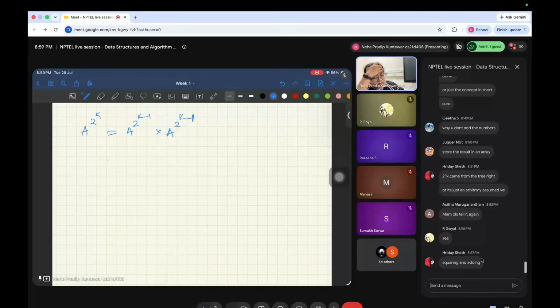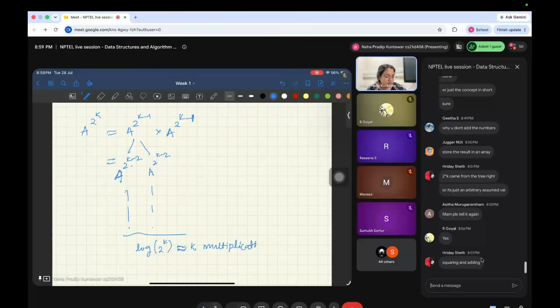And then this is going to be A to the 2 to the k minus 2, A to the 2 to the k minus 2, and so on. You keep on doing this, right? So how many multiplications would you end up doing? This will be logarithmic, log of 2 to the k, which is k multiplications. So this idea is called repeated squaring.